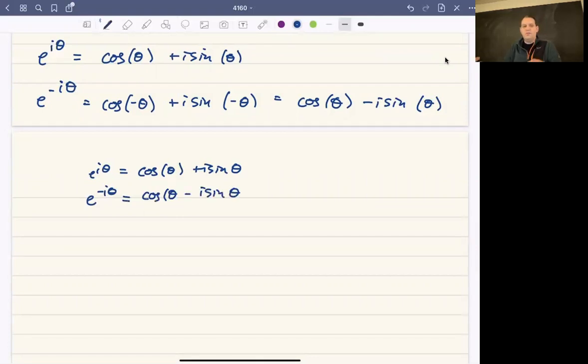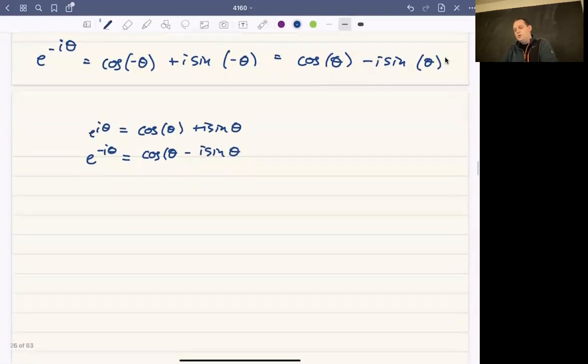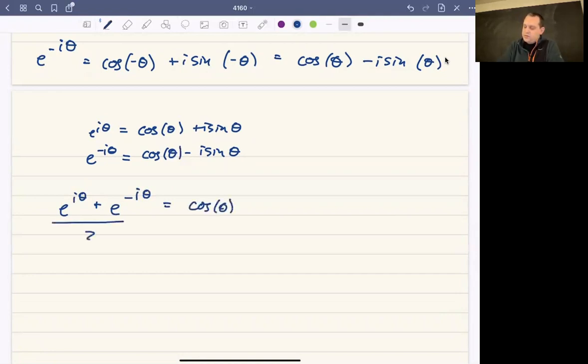And in particular, if you were to add these two equations together, what you would get would be e to the i theta plus e to the minus i theta is equal to 2 cosine of theta. Or if you were to divide both sides by 2, you would get cosine of theta is e to the i theta plus e to the minus i theta all over 2.